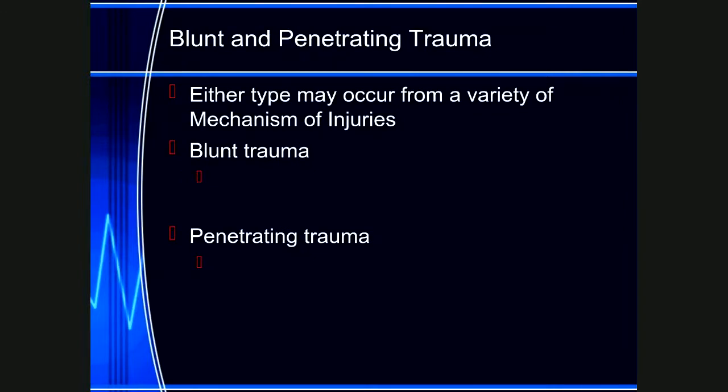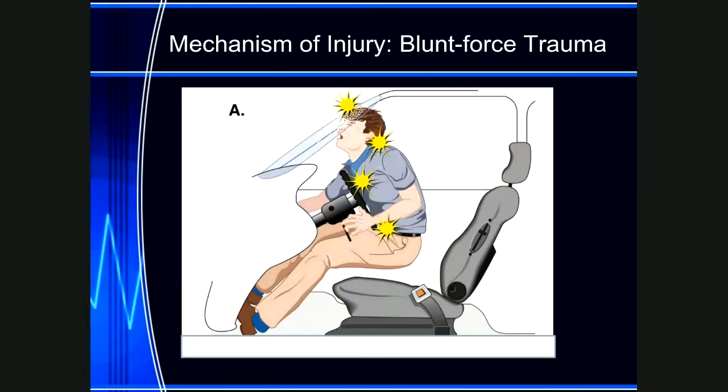Penetrating trauma is the result of forces that cause injury from objects that primarily pierce and penetrate the surface of the body. Blunt force trauma, injuries caused by a blow that strikes the body but does not penetrate the skin or the body tissue.